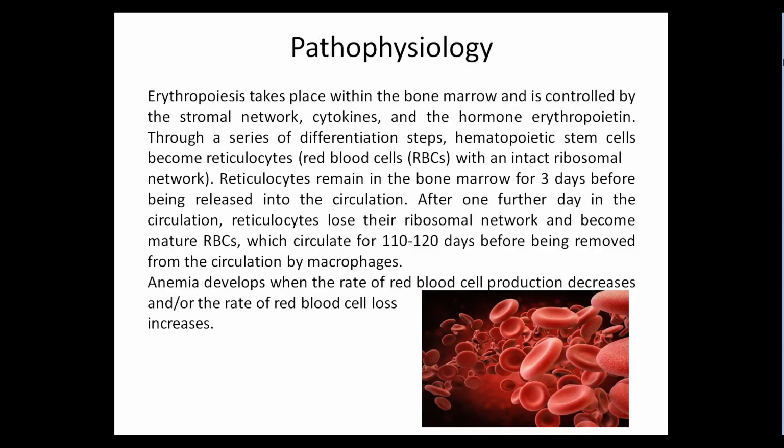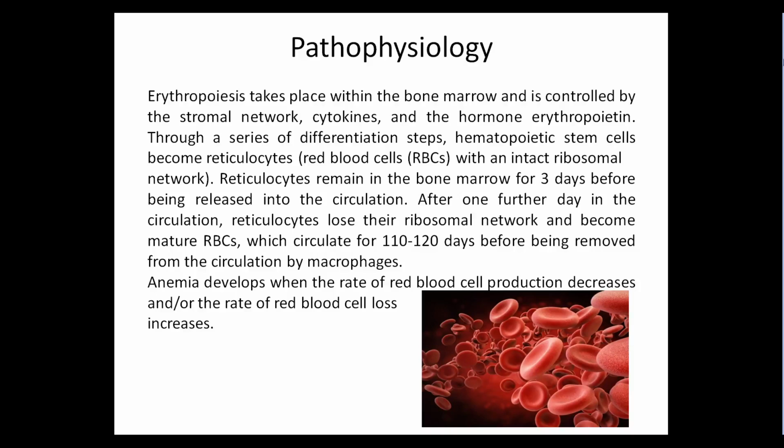Through a series of differentiation steps, hematopoietic stem cells become reticulocytes, red blood cells with an intact ribosomal network. Reticulocytes remain in the bone marrow for 3 days before being released into the circulation.